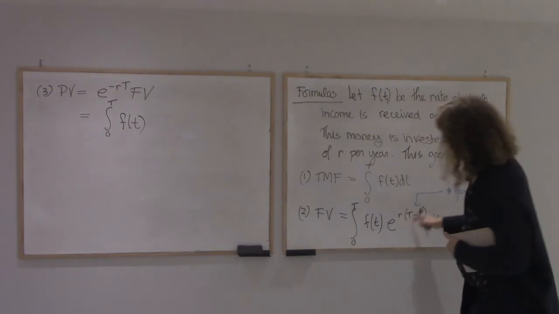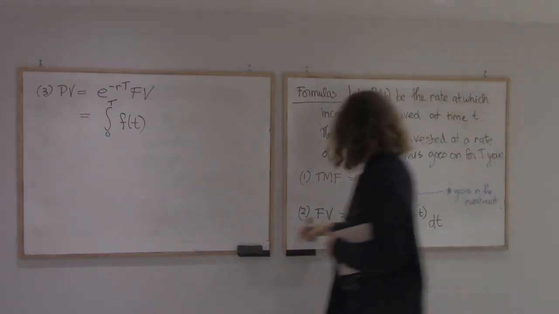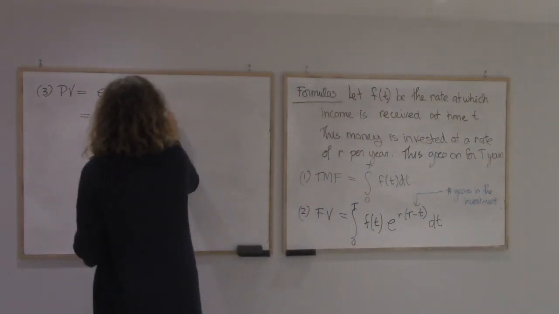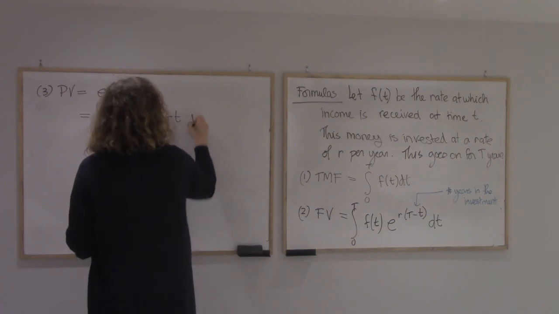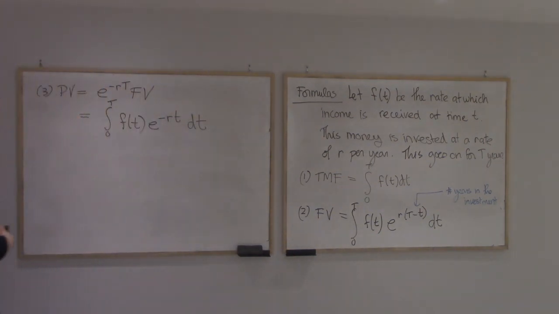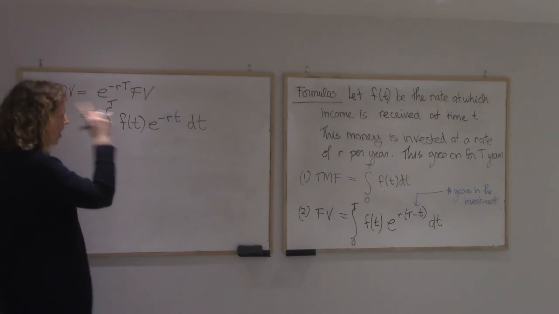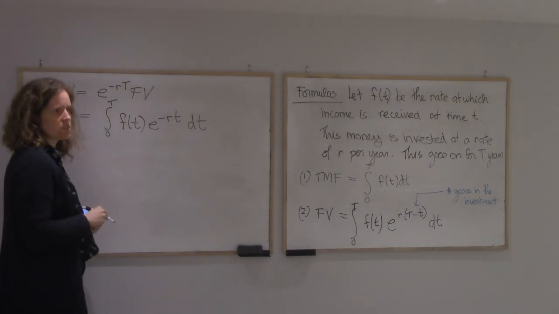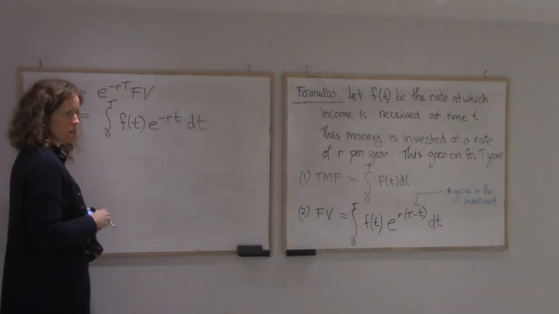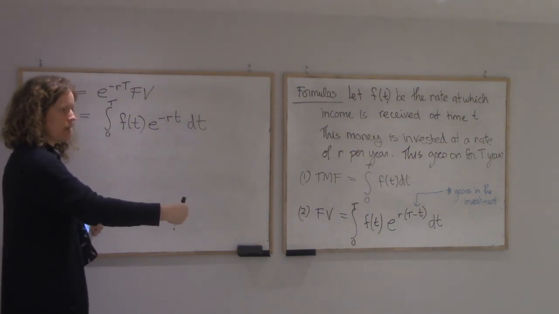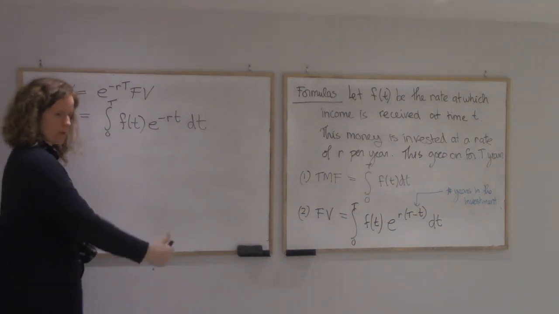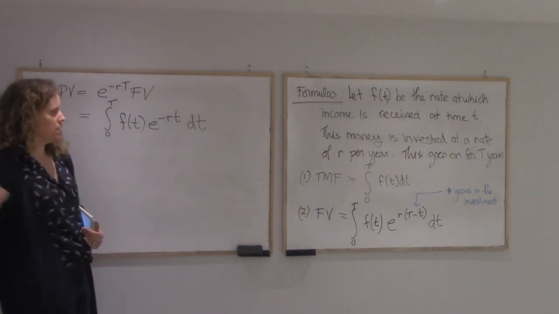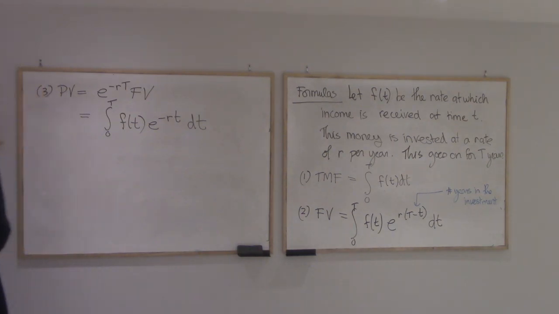The rT here will cancel with the rt there, so you can almost think of it as investing the money for minus t years. So if I'm at time t, I care about the value at time 0, so I go back in time t years and I see how much is in the account.